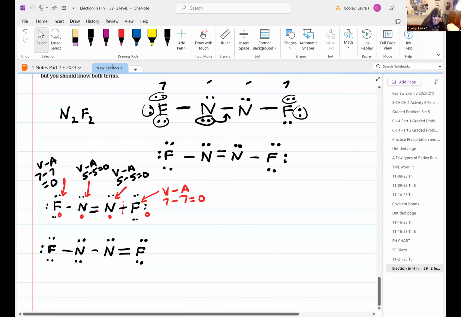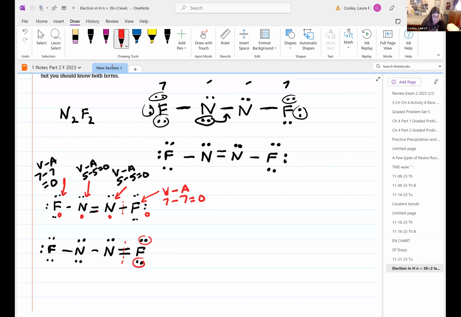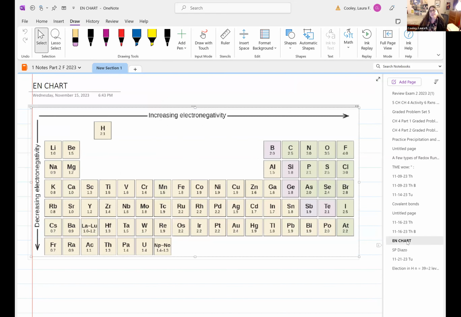Now down here, you could see that we have 1, 2, 3, 4, and half of these bonds, 5, 6. So that's the actual. Actual is 6, valence is 7. So that is a fluorine with a +1 charge. What do we know about fluorine on the periodic table? Remember what's happening to electronegativity on the periodic table.